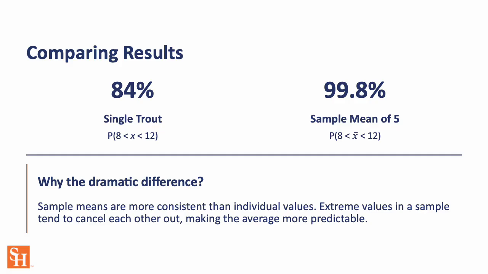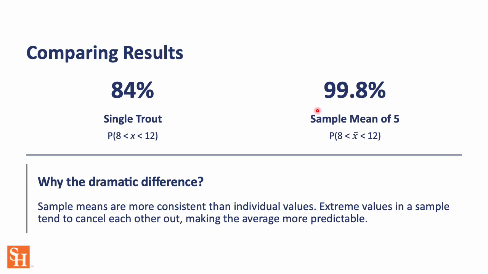For an individual trout, we have already discussed that the length will fall between 8 and 12 inches with probability 84%. On the other hand, for a sample of size 5, the mean length will fall between 8 and 12 with probability 99.8%. For an individual trout, the length could vary a lot.